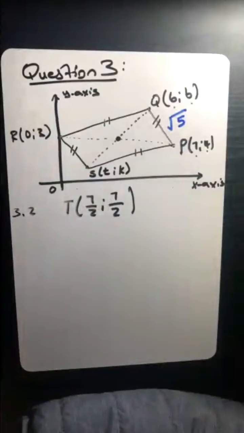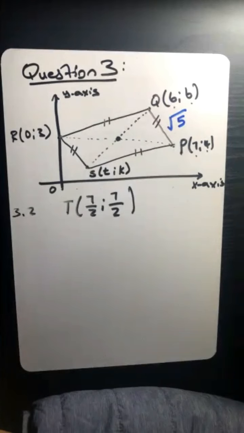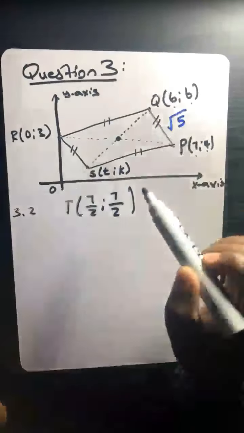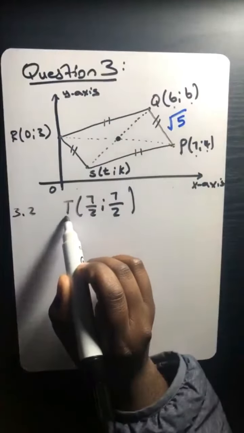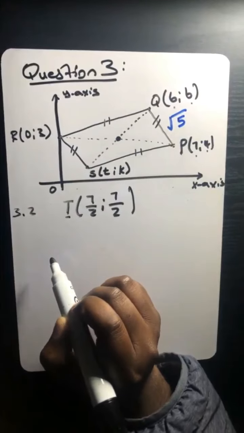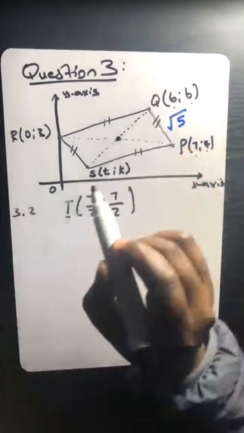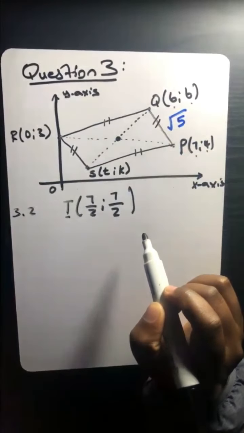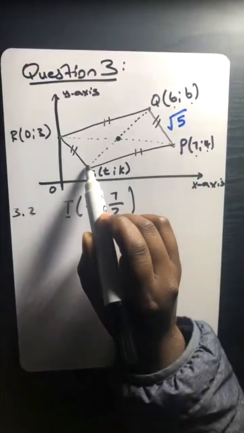They say if T is the midpoint of QS, determine the coordinates of S. What an interesting question, guys. So they are saying if T is the midpoint of QS, then determine the coordinates of S.